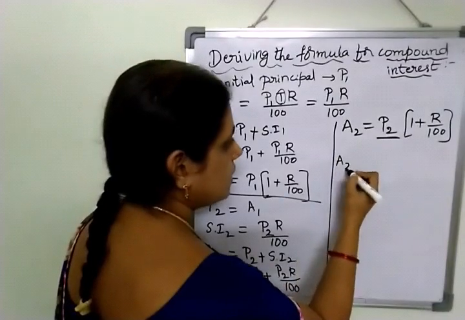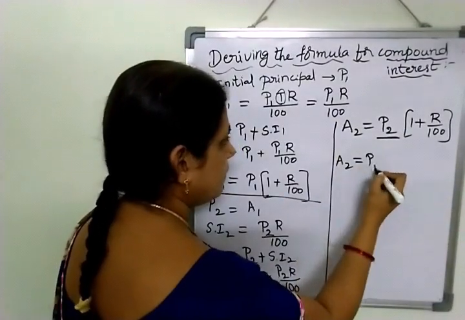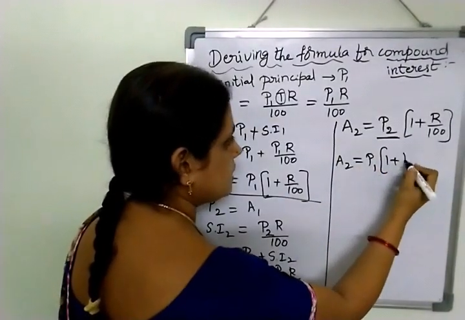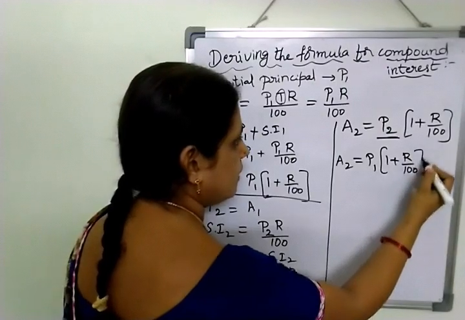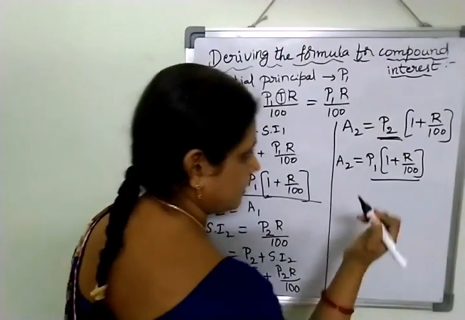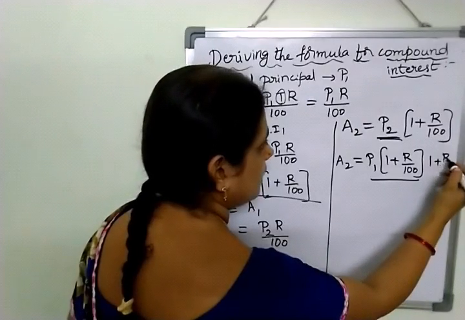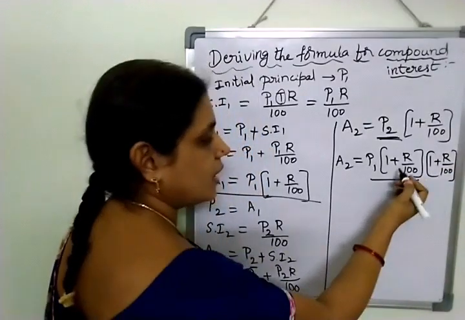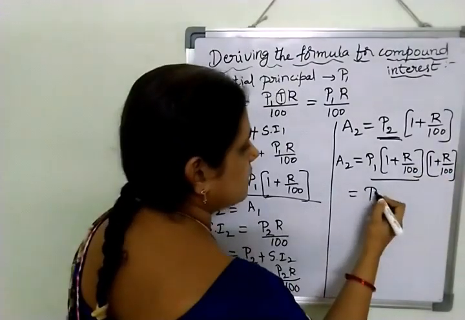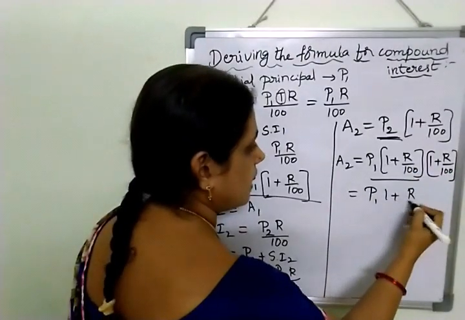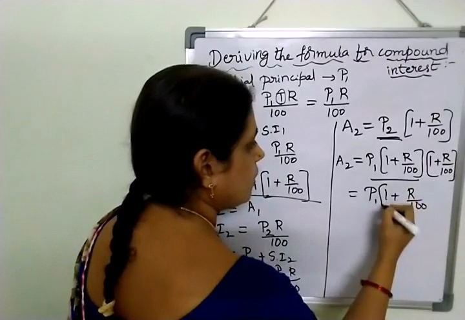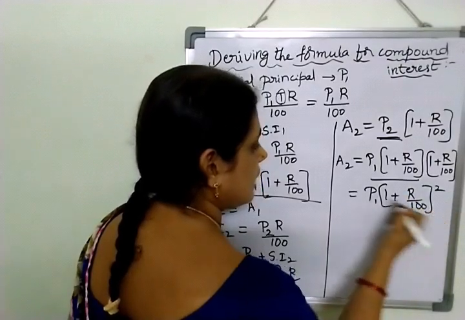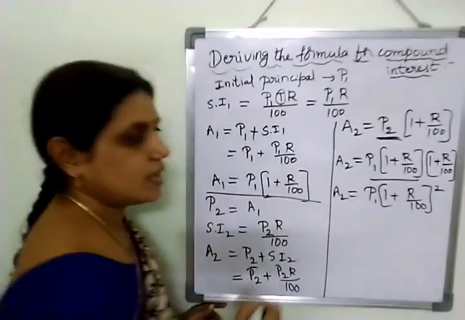So A2 equal to P1 into 1 plus R by 100, into 1 plus R by 100, again it is there. So 1 plus R by 100 into 1 plus R by 100. So how can we write that? 1 plus R by 100 whole square. What is this? Amount after 2 years.